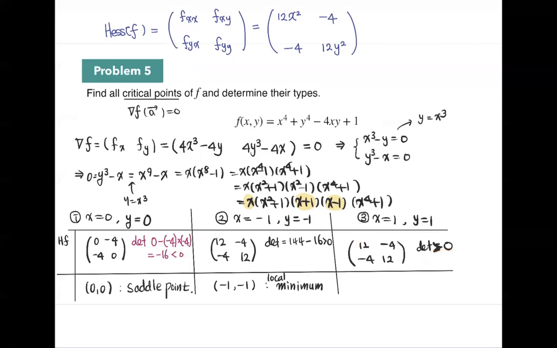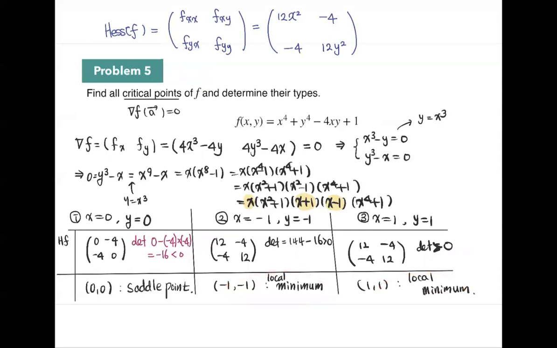So it is the first case of the second derivative test: at 1 comma 1, f also has a local minimum. So we found that there is one saddle point at 0, 0 and there are two local minima.